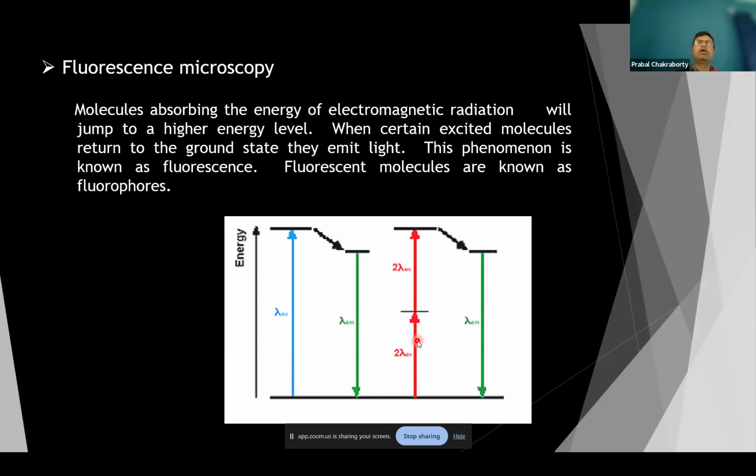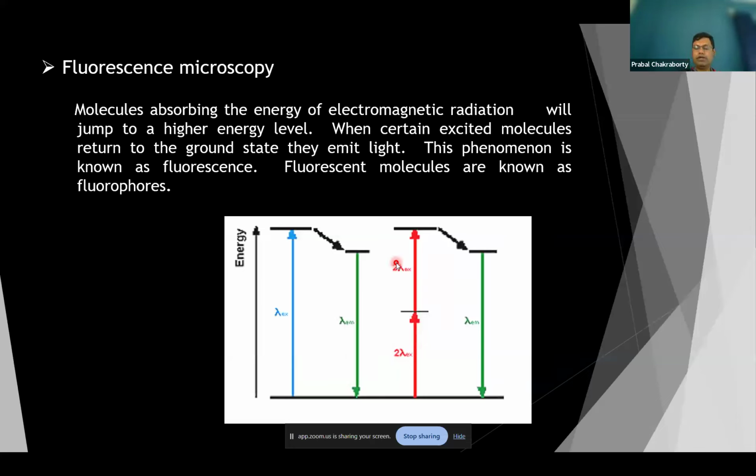Because sometimes people want to see what is happening inside the mouse brain. Now, if you want to image inside the mouse brain, you have to go deeper into the tissue. And to go into the deeper sections of the mouse brain, you need a longer wavelength of light because the penetration depth is better compared to the visible wavelength range. So that is why people generally use two photon excitation for multiphoton microscopy, which is used in situations where you want to go deeper inside the tissue or the sample.